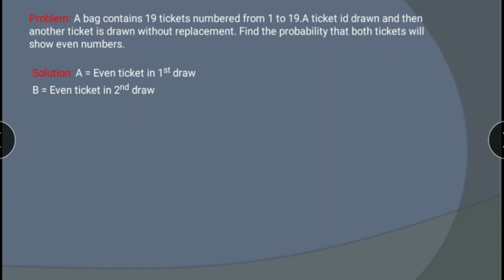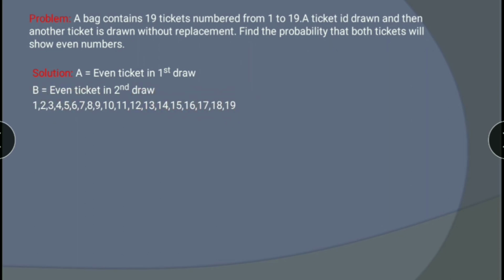So let's take A event to be even ticket in first draw, and let's take B event to be even ticket in second draw. So what's our sample space? Our sample space includes these 19 numbers numbered from 1 to 19. And how many even numbers are there among these?